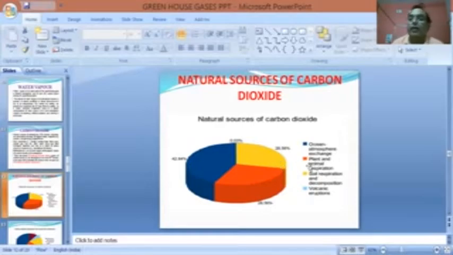You know that we oxidize our foodstuffs, and carbon dioxide is produced in that course. Then soil respiration: microorganisms in the soil also respire. Volcanic eruptions also contribute to the emission of carbon dioxide.